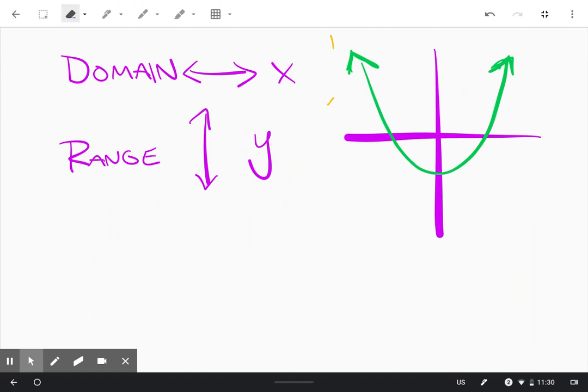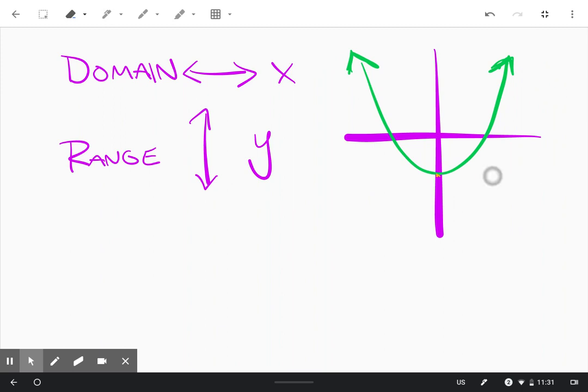It also tells me that it goes forever this direction. However, there is a lower limit to that function down here, at the bottom of that parabola curve. So there would be some kind of limit to the range, but the domain would be the entire graph. So that's what we're talking about when we talk about domain and range.